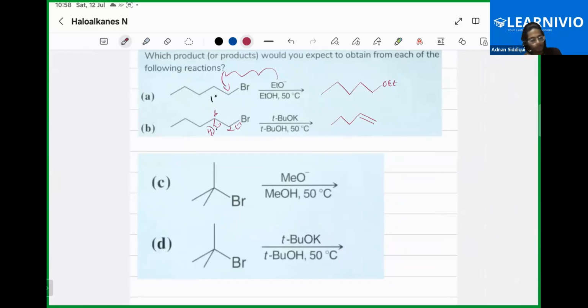Sir, because it is 3 degree. 3 degree, okay. What should be the product then? Sir, the same structure, but instead of Br, we'll have MeO. Okay. What about the next one? Sir, instead of Br, we'll have a double bond.